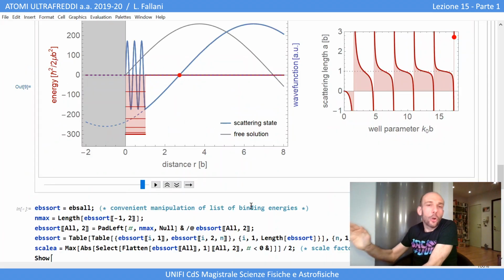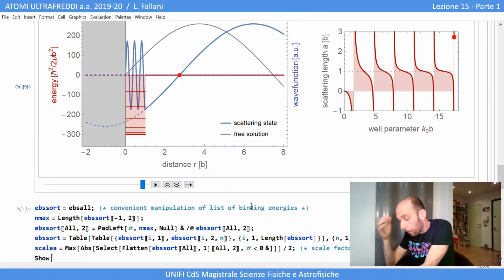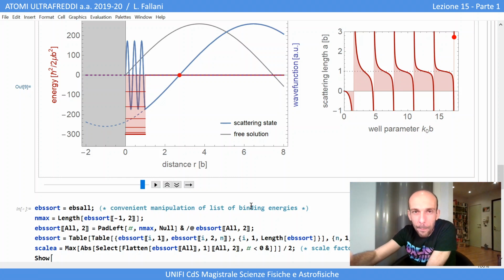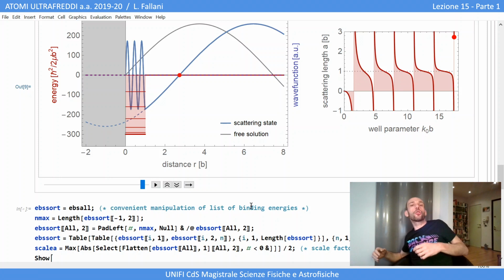So I spent a lot of time on this example, because the physics of bound states is very important. It matters for many experiments and many applications, for example, regarding the formation of molecules out of cold atoms that we will discuss at some point, but also because they serve as an introduction for the last topic of the quantum theory of scattering.